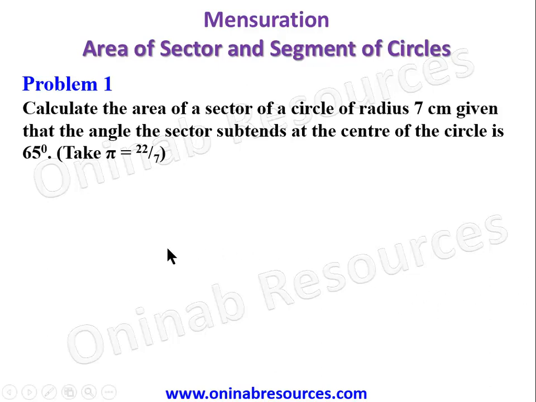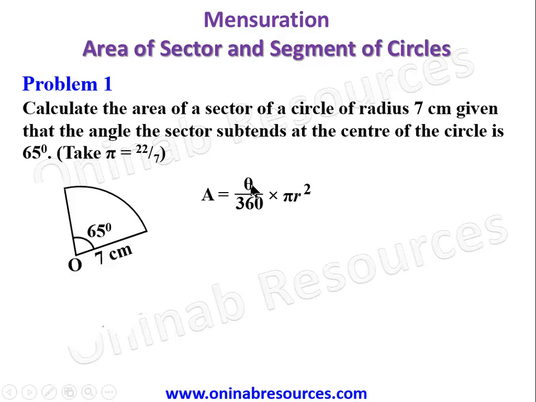Now, just from the formula we created, we have the sector of a circle center O, the angle of the sector is 65 degrees, and the radius is 7 centimeters. Now, the formula for finding the area of a sector is given here.